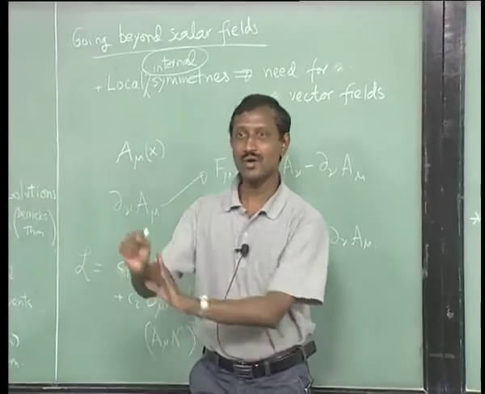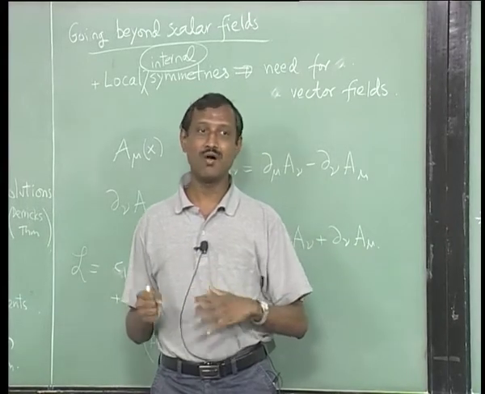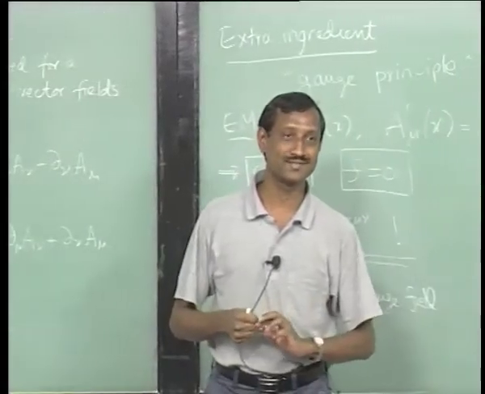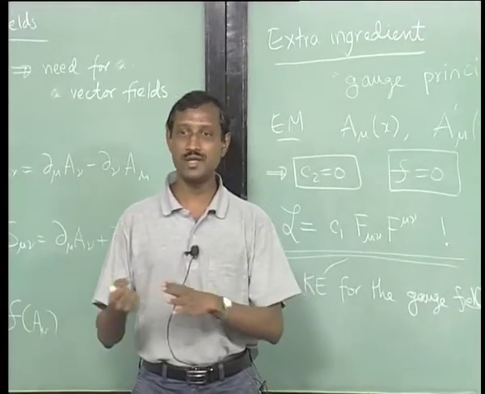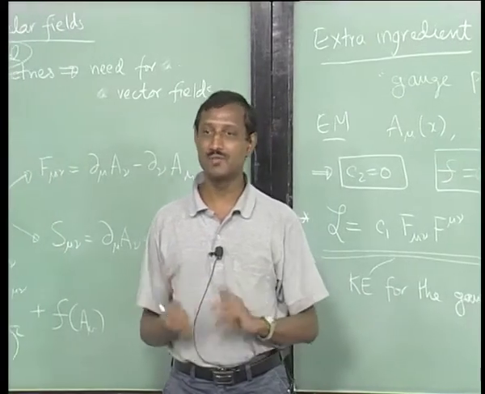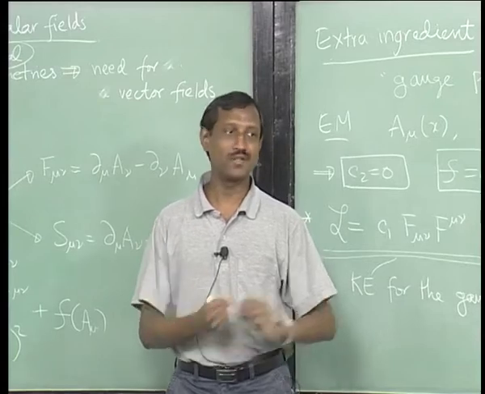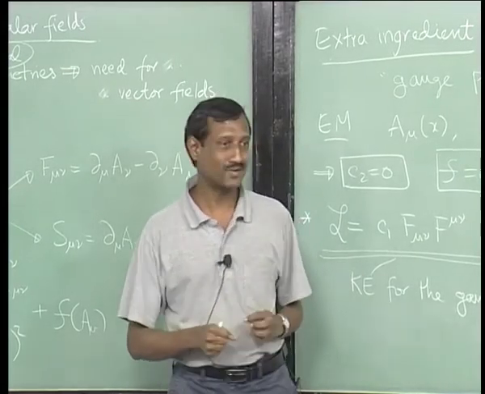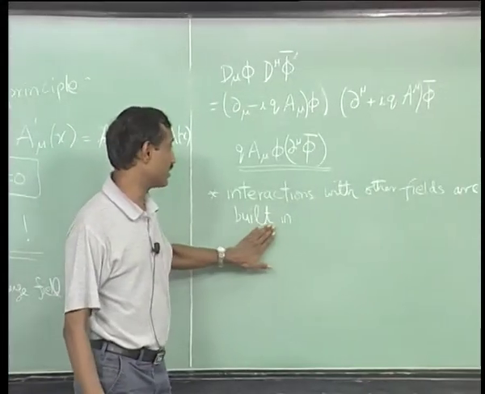This is an essential simplification, but all the concepts can be illustrated without that. For instance, you would have seen in your assignment that you can discuss spin of a photon or helicity of a photon. Fermions are not the only things which carry spin. So the key point is interactions are built in.